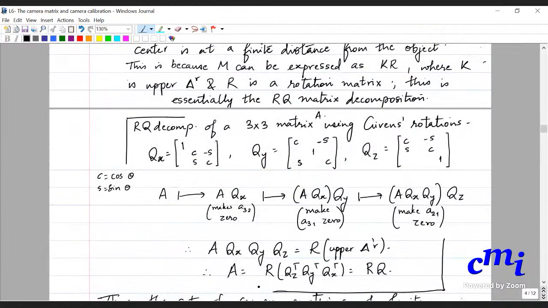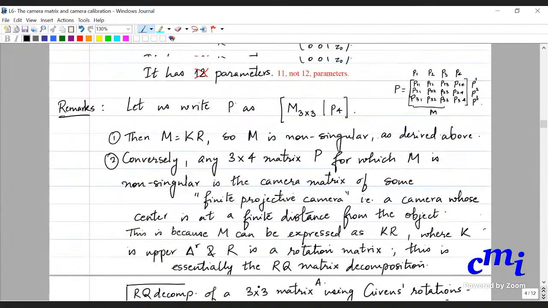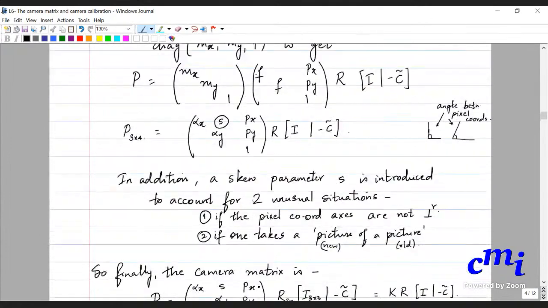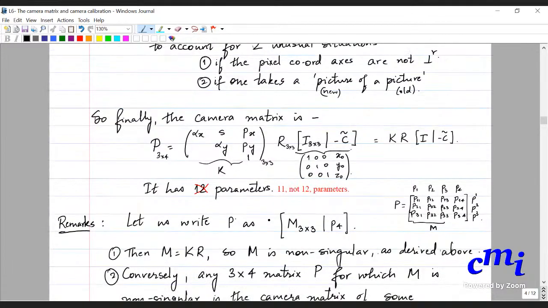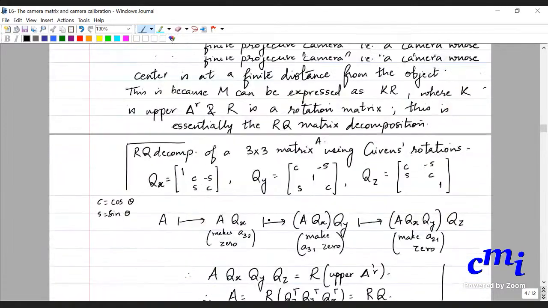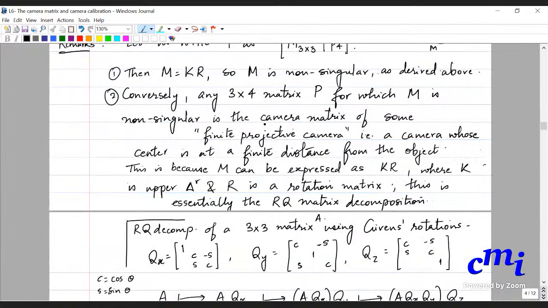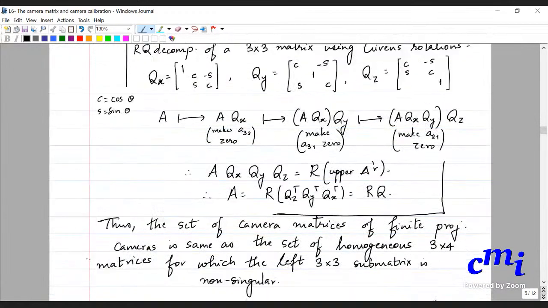Indeed you can do that. If you're starting with a matrix, you want to write it in this form first, with an upper triangular matrix and a rotation matrix, and then you have hope of expressing a 3x4 matrix as a camera matrix. You can do so by taking the RQ matrix decomposition. That was this whole thing.